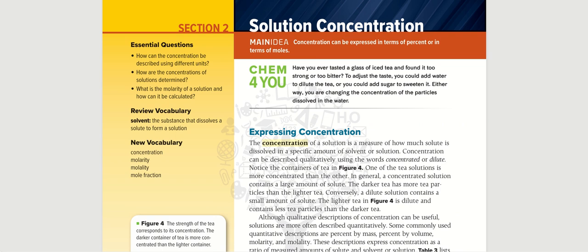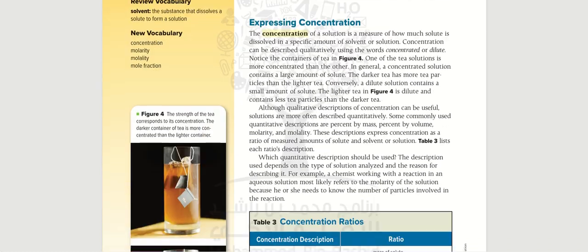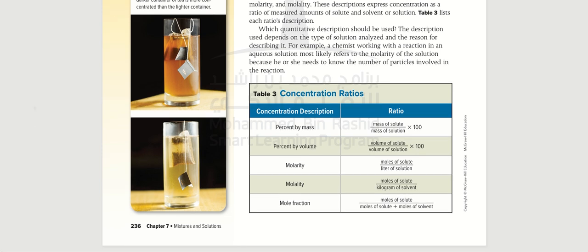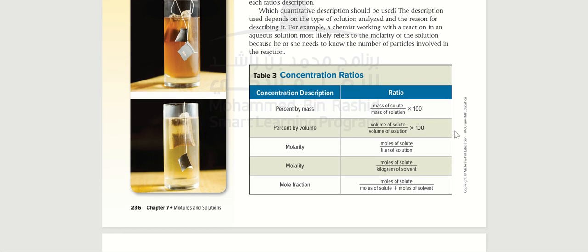Second lesson is the solution concentration. And how to calculate the solution concentration? We calculate the solution concentration through these formulas: percent mass, percent volume, molarity, molality, and mole fraction. So we have 5 formulas to calculate the concentration of the solution.